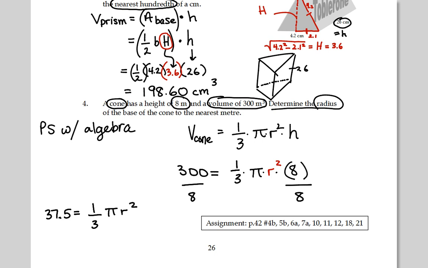Now, here is something that you can decide for yourself. That 1/3, you can divide out 1/3 if you so choose. What's the opposite of dividing out 1/3? Heard it? Multiply by 3.